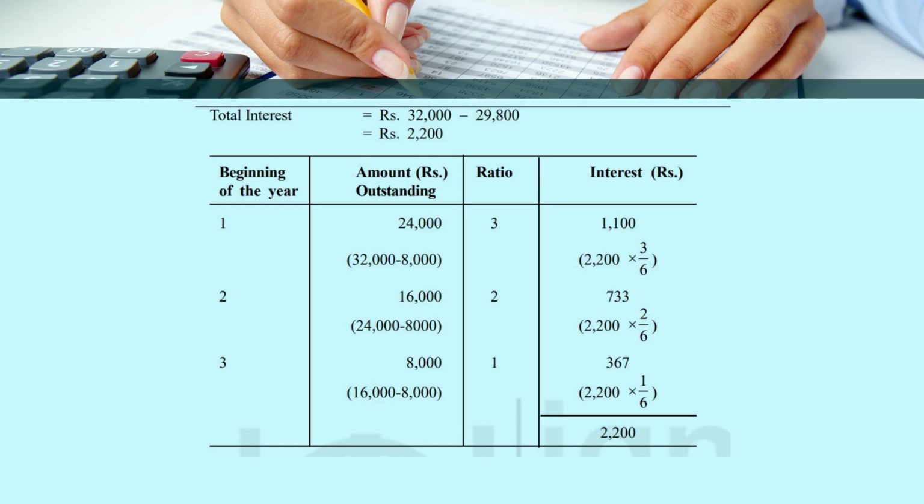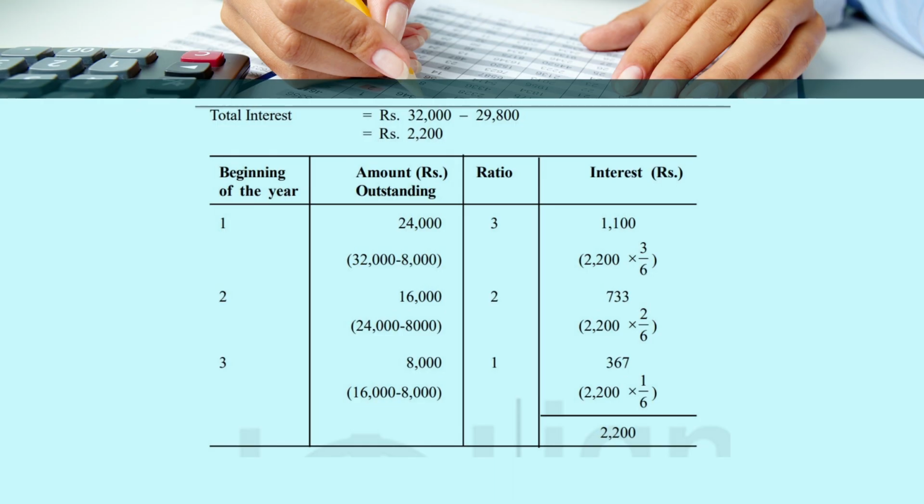It is very simple. In the beginning of the first year the total amount outstanding is rupees 24,000, because the total hire purchase price was 32,000 and out of it rupees 8,000 were paid to the hire vendor immediately as down payment. So, at the end of the first year the outstanding amount was 24,000.